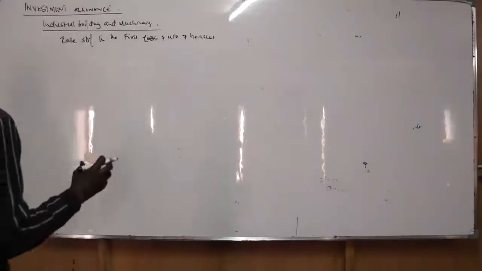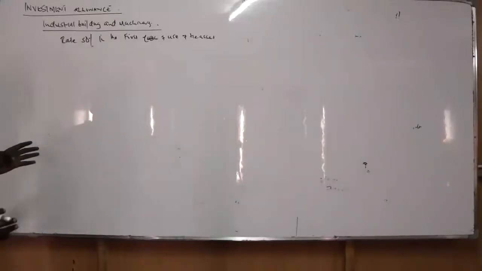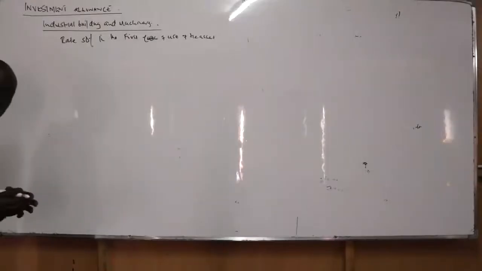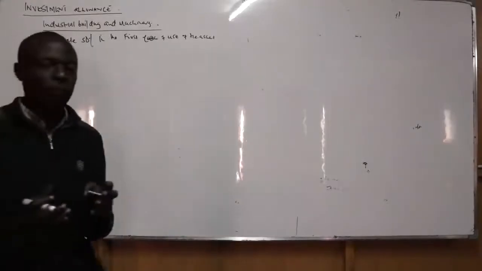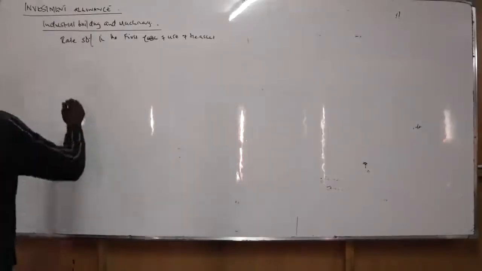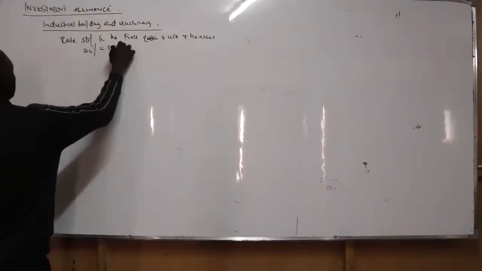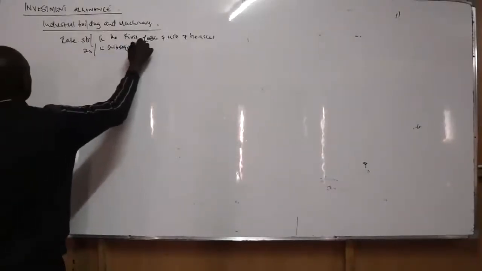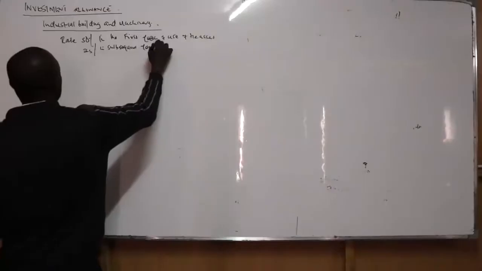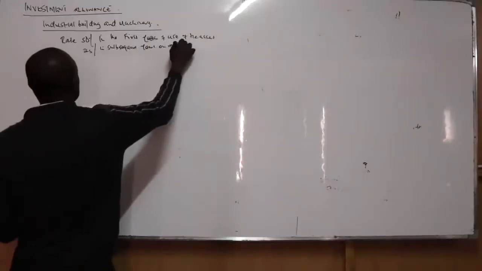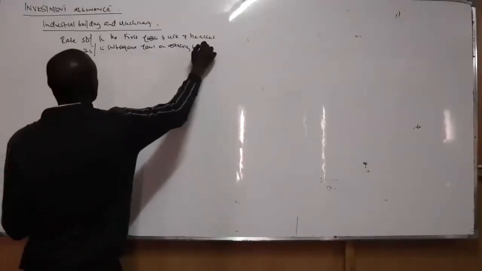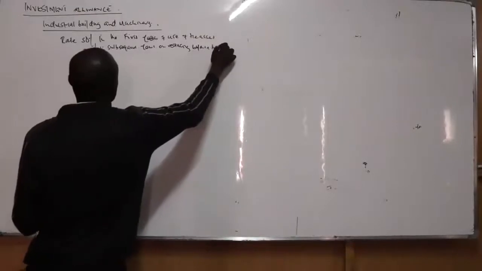If you invest in an industrial building, the amount of money that you invest in that building, in the first year of use of the building, you're going to take 50% of that amount, and then you reduce it from your gross profit. In subsequent years, 25% on reducing balance basis.